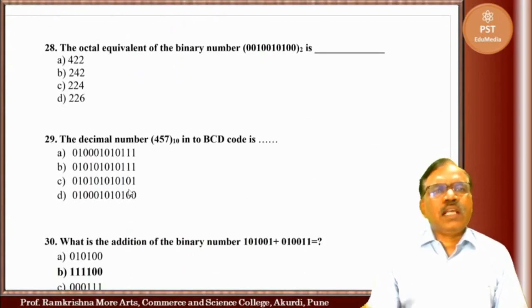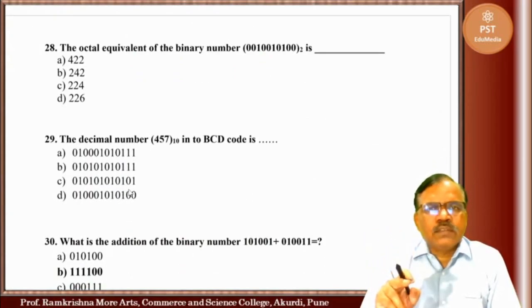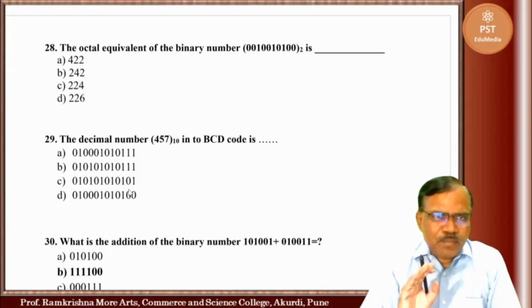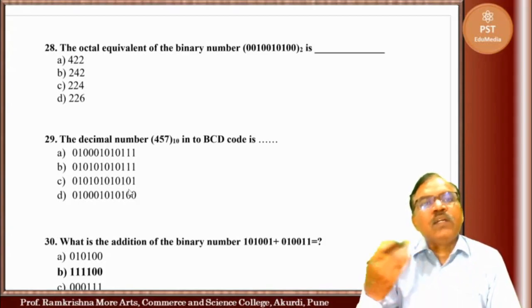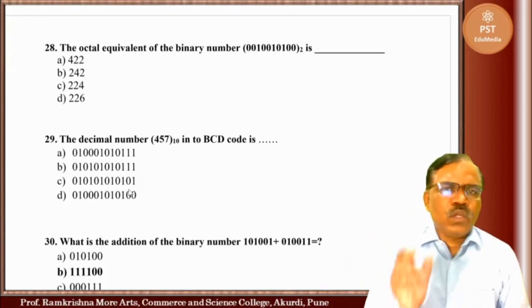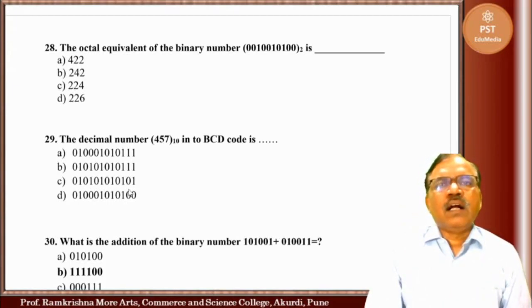Now the octal equivalent of the binary number 001001 0100. So if a binary number is given and you have to convert it into, suppose, an octal number, you have to group the number into 3 bits. So these 3 bits first, then these 3 bits, then these 3 bits, and so on.